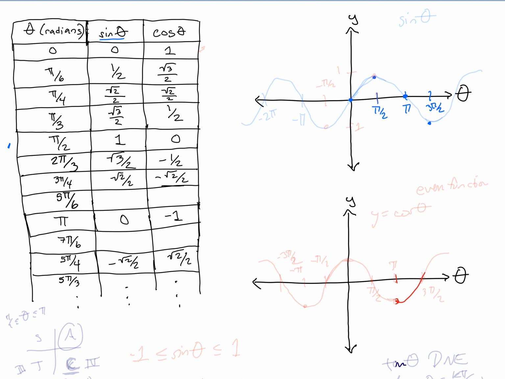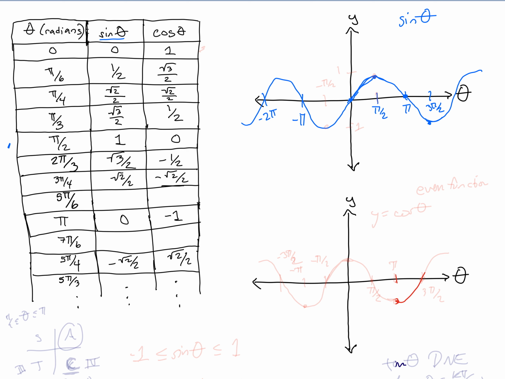And this is a wave function that slowly goes up and down, and it's going to do the same thing forever. It repeats itself every 2 pi. And this is the graph of sine of theta. This was negative pi and negative 2 pi and so on.